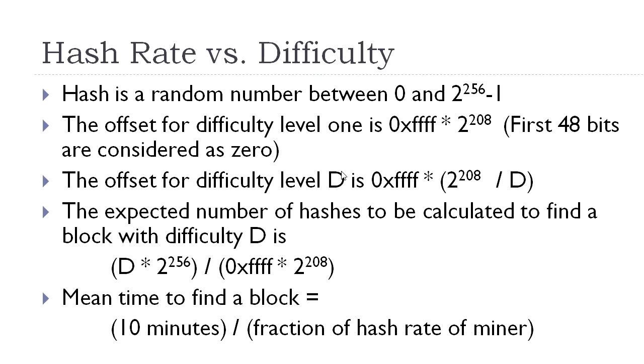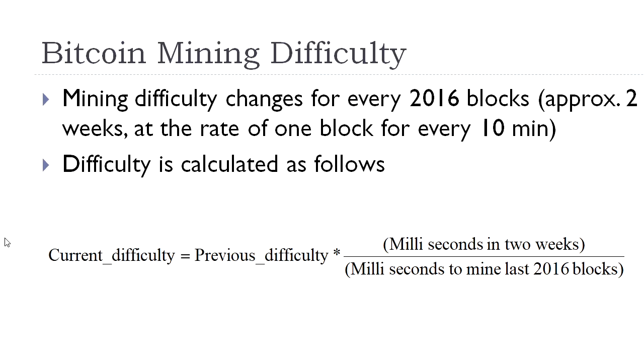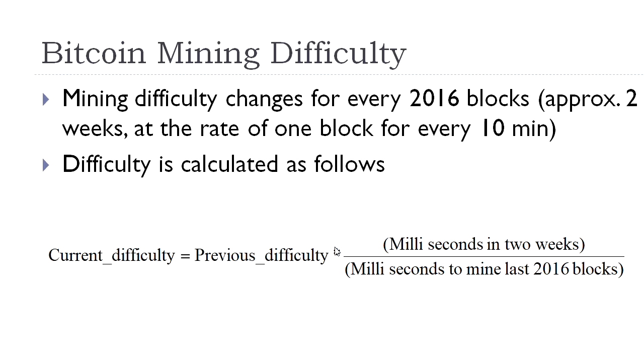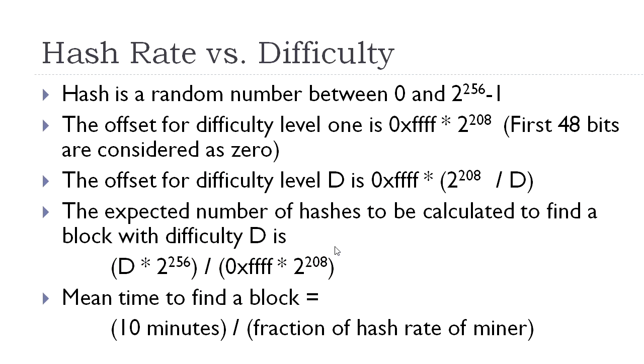If you have a difficulty level D, that means after computing the difficulty you got a D value, then the target for difficulty level D is 0xFFFF times 2 power 208 divided by D, the difficulty value. The difficulty value you got is what is used here.